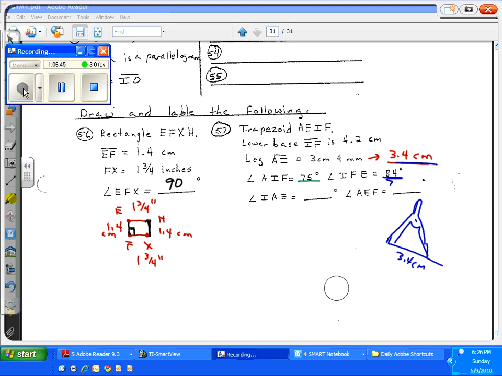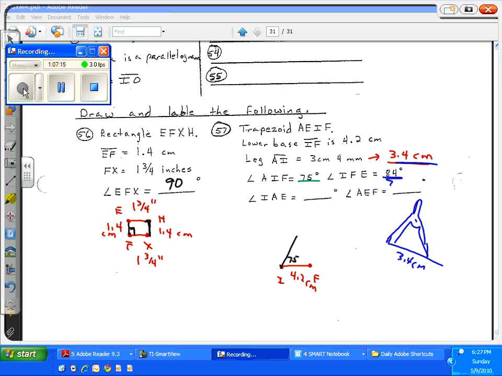So let's show what we've got so far. I'm going to backtrack a little. You would start with point I. You would draw IF at 4.2 centimeters. You would measure this angle at 75 degrees.